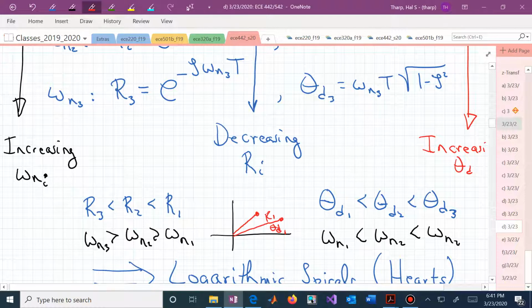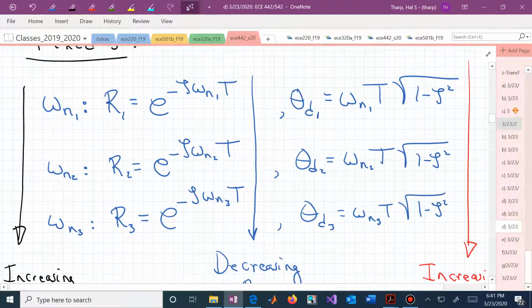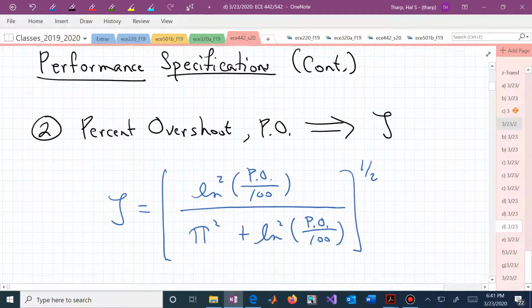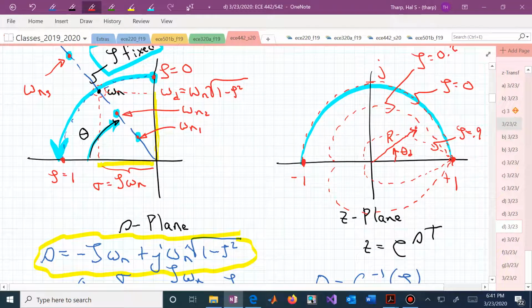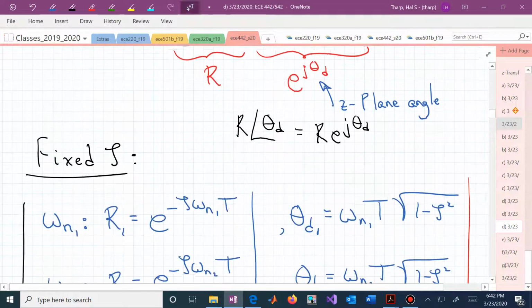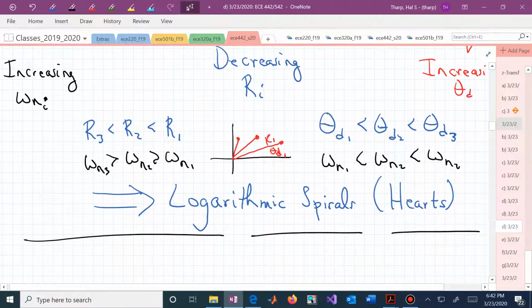R then at omega sub n3 gets smaller and theta sub d gets bigger. So hopefully you can see that that's why we now can have these logarithmic spirals corresponding to fixed values of damping ratio. As we now fix zeta, that produces logarithmic spirals in the complex z-plane.